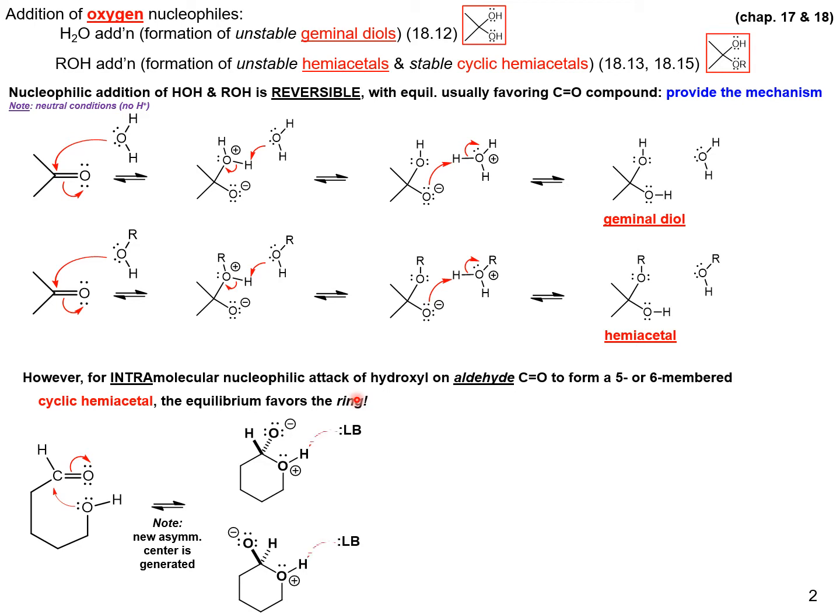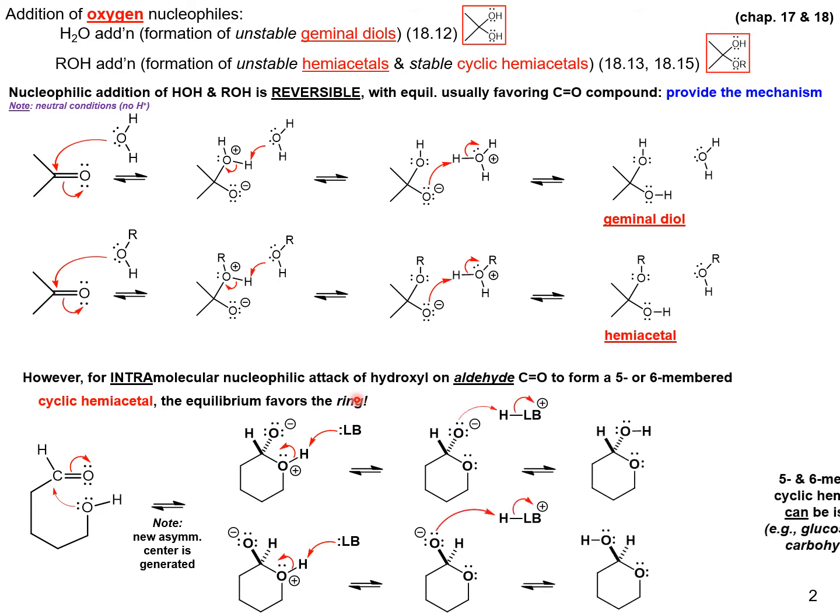Second step is a Lewis base removing a proton off of the nucleophilic oxygen. And we end up performing a two-step proton transfer from this oxygen to this oxygen, and we have a 5 or 6 membered cyclic hemiacetal. You'll encounter these in the chapter involving carbohydrates.